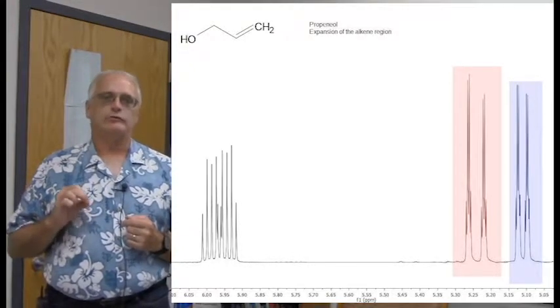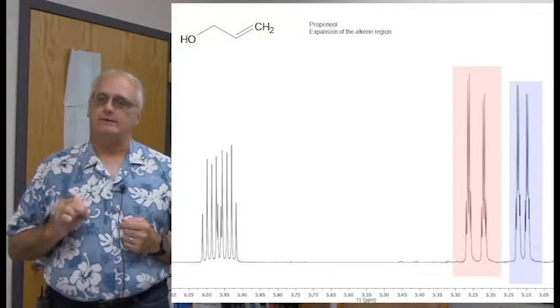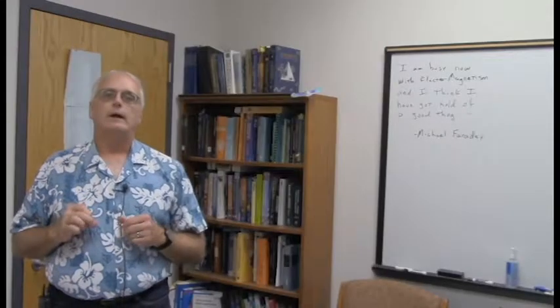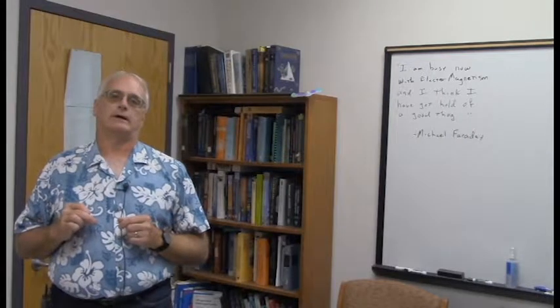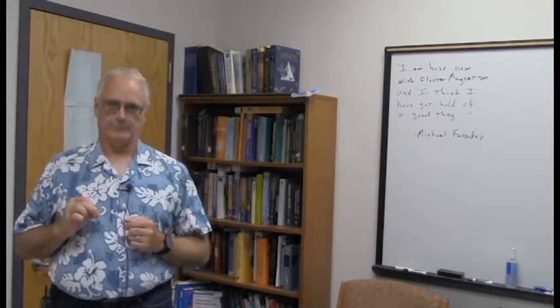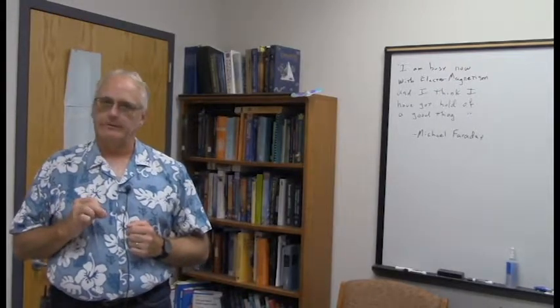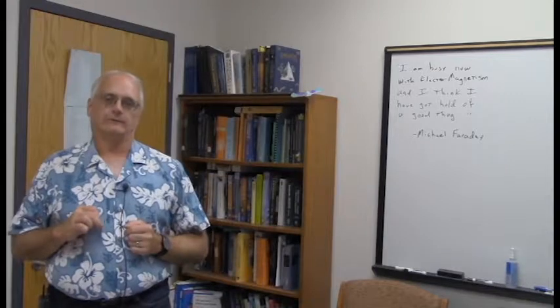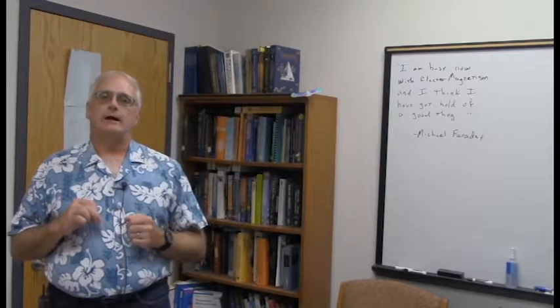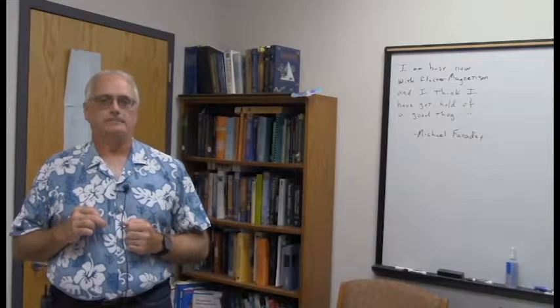Even though these are two protons on the same carbon, these are two very different signals. And it's sometimes instructive to analyze, why are these two protons of this methylene group, the terminal alkene methylene group, why are they different? Whereas in the other methylene group, the one next to the oxygen of the alcohol, why are they equivalent to each other?